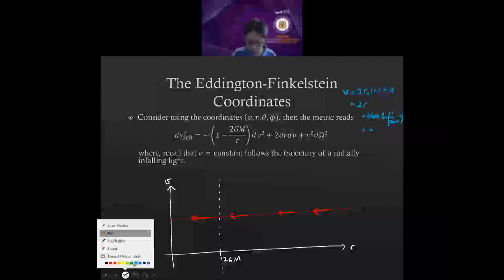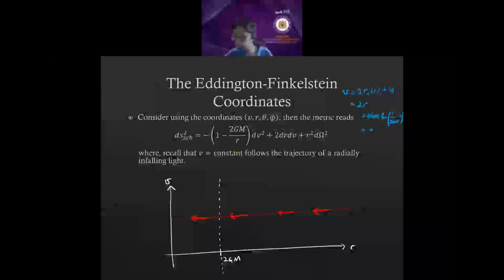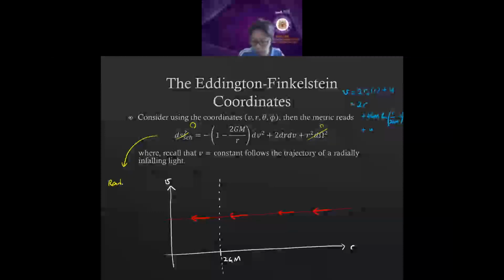I forgot to mention the thing. So you can either use this equation, or you can just set this one equal to 0 and this one equal to 0 to find that radially traveling light is described by the following two possibilities: dV/dr equals 0, or dV/dr equals 2 times 1 over (2GM/r minus 1).